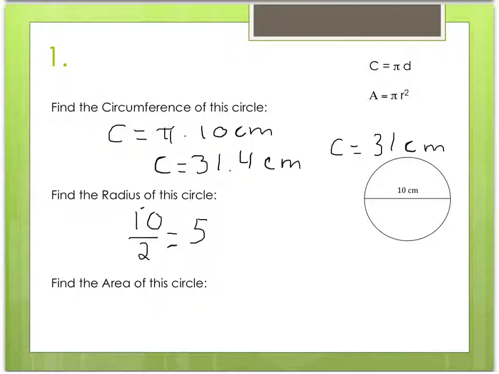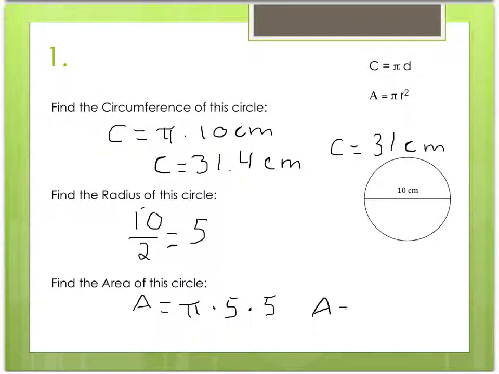In order to find the area of this circle, we are going to use this equation. Area is equal to pi times radius squared. So we have just calculated our radius value, which was equal to 5. So area is equal to pi times 5 times 5.